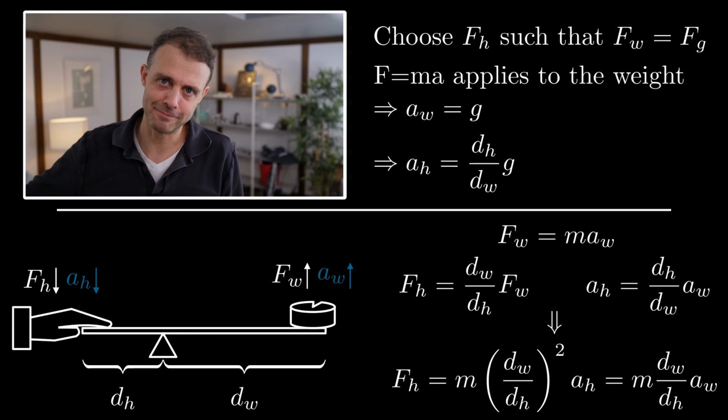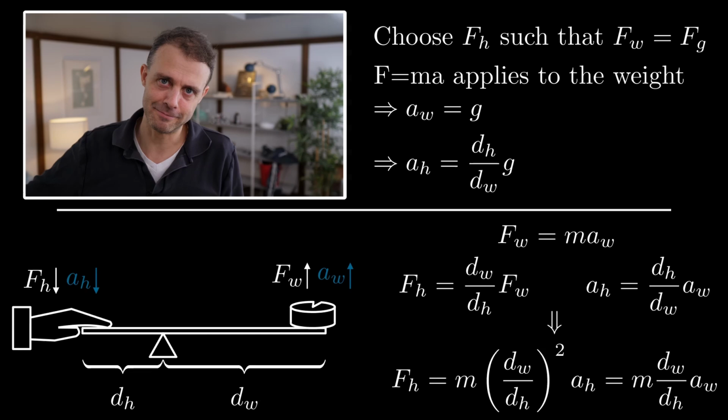Well, no, it's not. If the force is not acting on an object, then F equals ma doesn't apply. And as we can see here, it's obviously not true when we're using levers. The exact relationship between a force and the acceleration depends on precisely which pair of force and acceleration we are looking at.